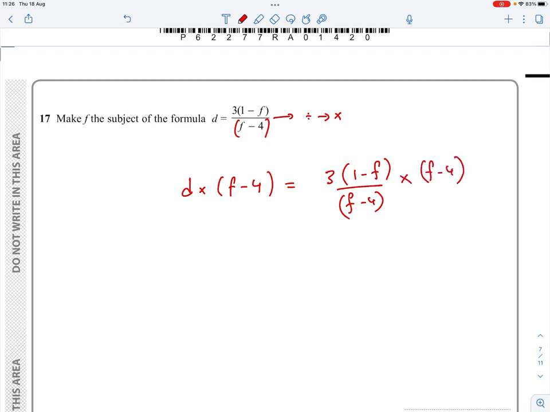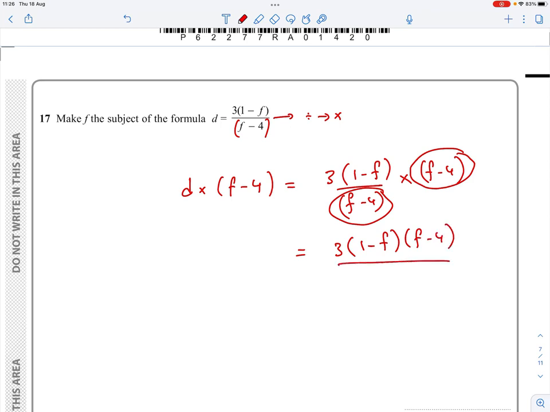Again, keep the bracket. What do you see? You've got f minus 4 divided by f minus 4. It becomes divide, right? You can write it like this so that it doesn't feel too different. So f minus 4 and f minus 4 will cancel, right?